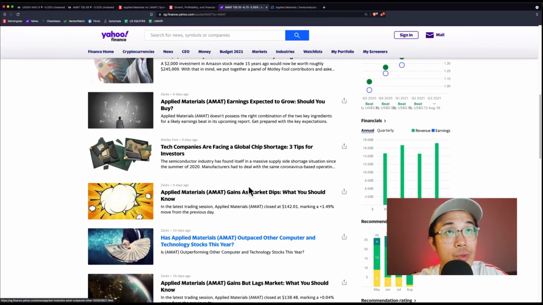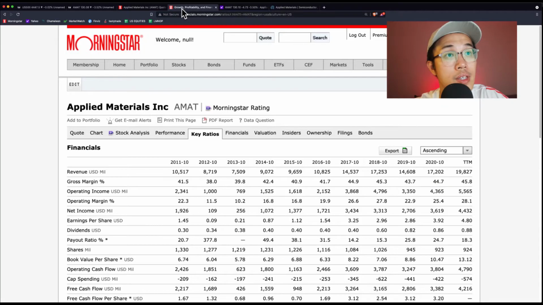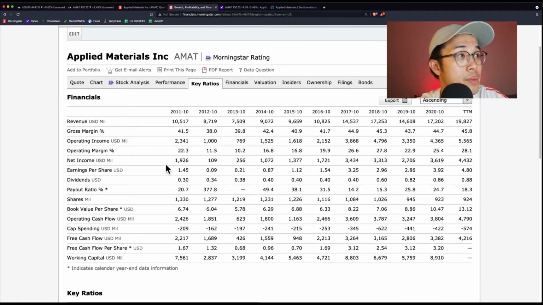We come over to the financials. We can see that the revenue has been increasing, still is increasing. The net income is also increasing in tandem with the revenue, and thus the earnings per share as well.